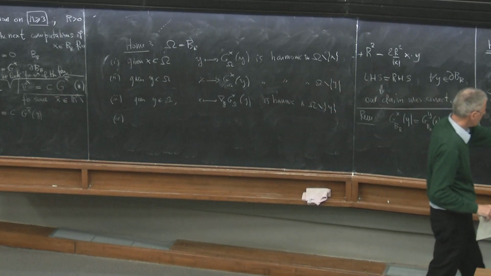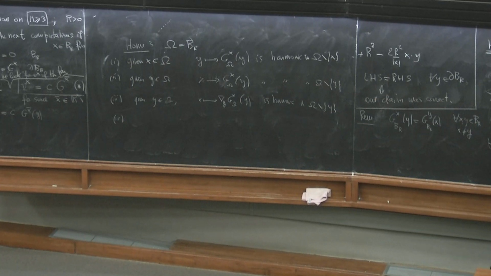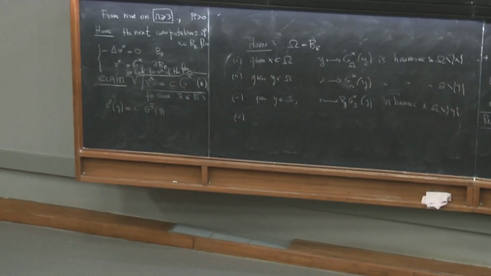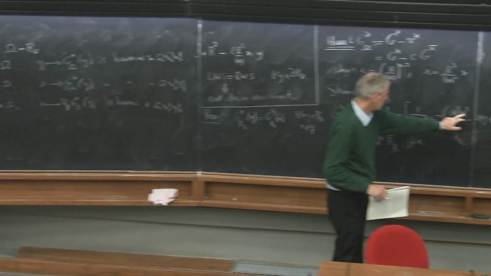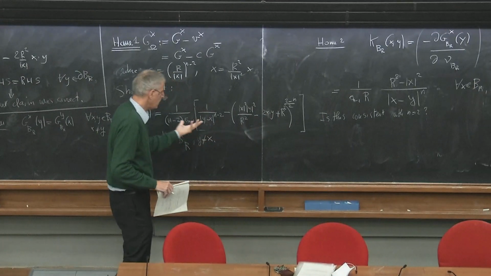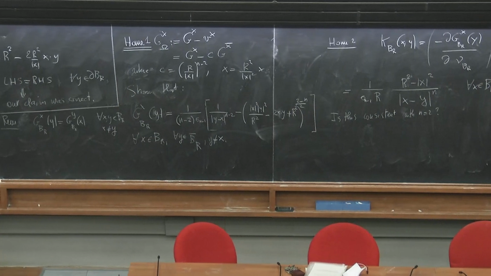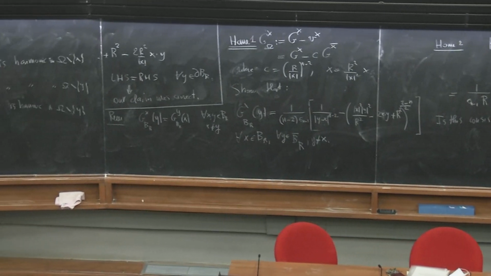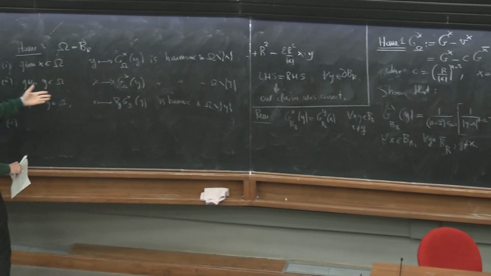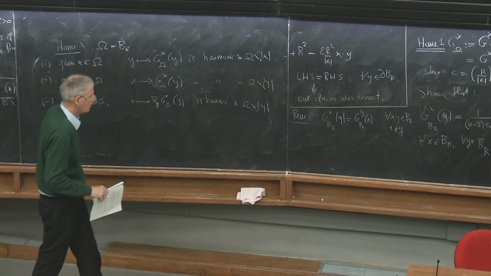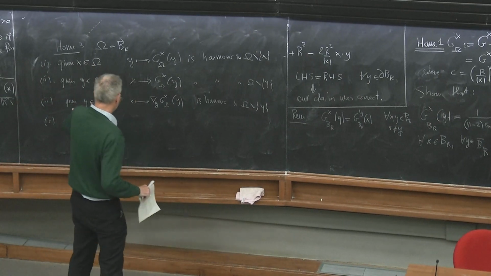Because exercise 1 shows that you can exchange x and y, and nothing changes here. So, because this is symmetric, and nothing changes, exercise point 2 follows from point 1 and the symmetry.